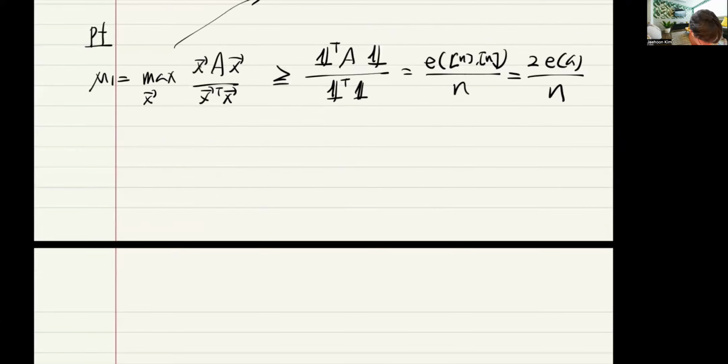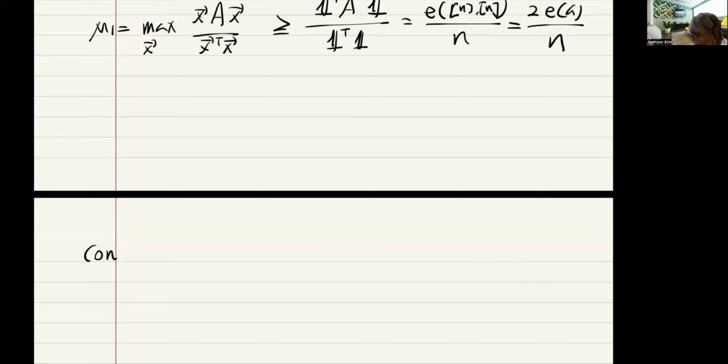And then to prove this other one, we consider the vector u1, the eigenvector corresponding to this mu1.